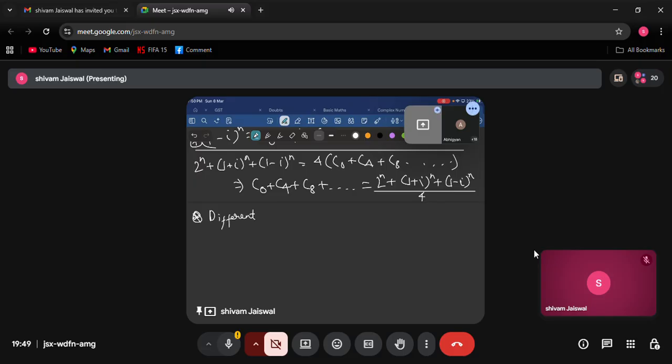Next is different forms of a straight line in complex numbers.